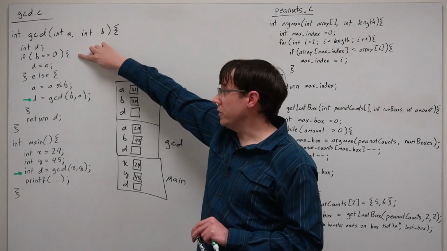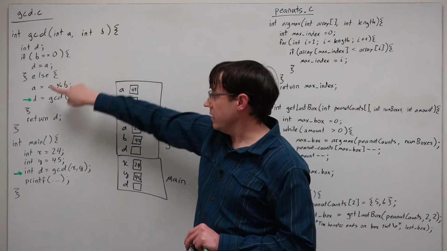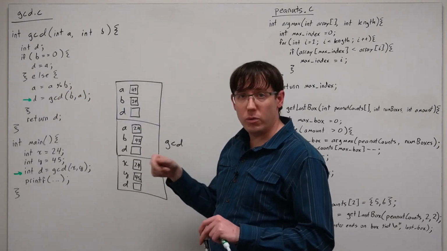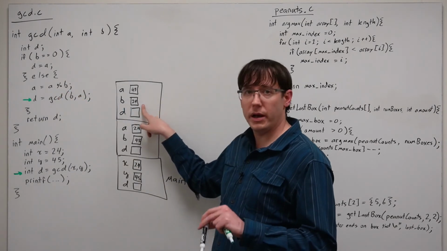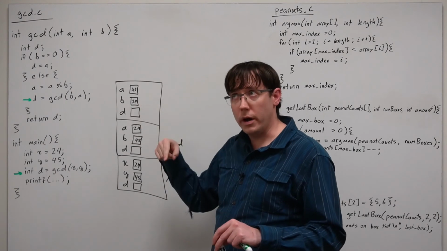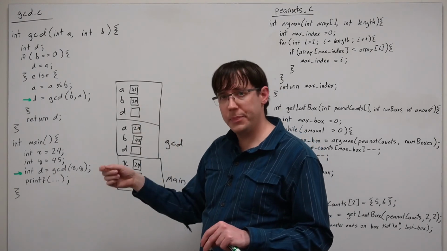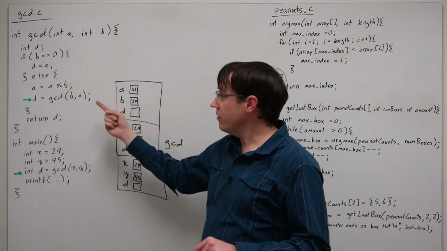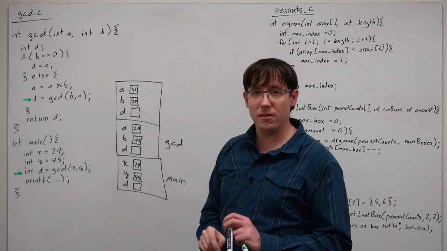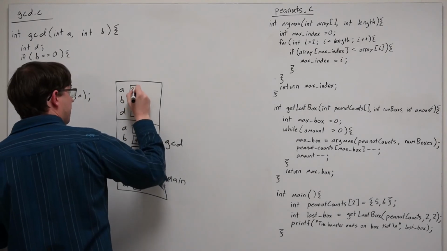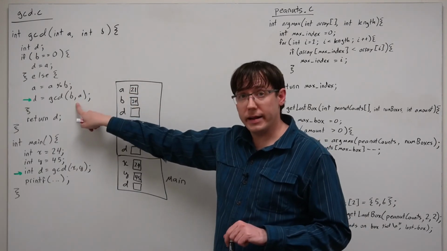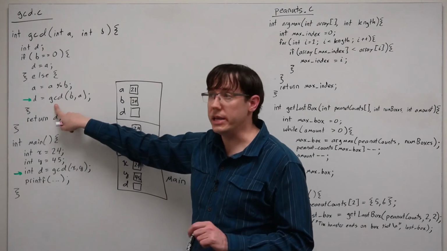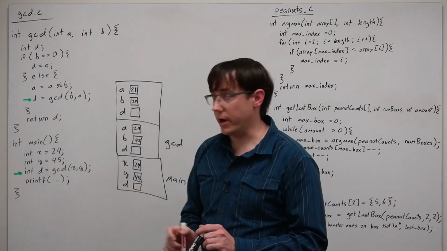B is still not equal to 0, so we go to the else case and we set A equal to A mod B. And now when we do 45 divided by 24, we get 1, remainder 21. So the mod evaluates to 21, and that value gets stored back into the A variable. Now we arrive at this line again, and we again recursively call GCD, which means we need a new stack frame.